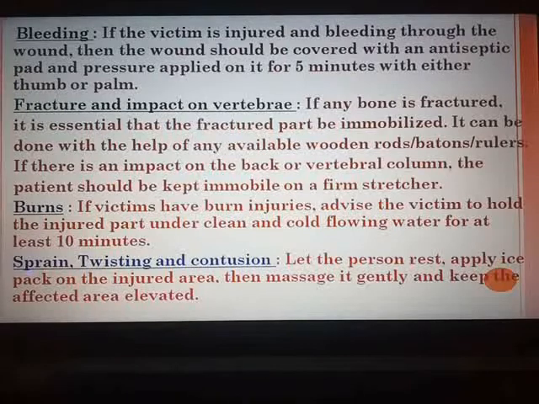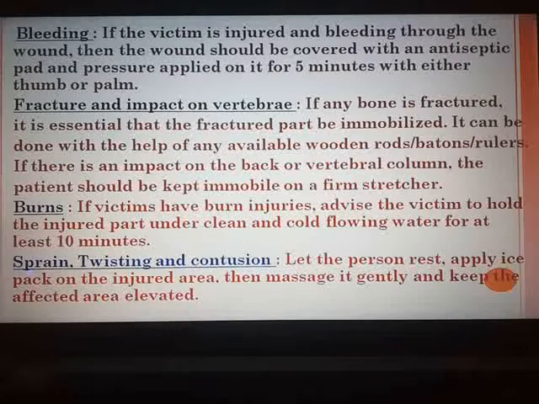So through this question, you have answered what first aid you are going to give to the victims of the disasters who are injured. They have not mentioned that the victim is bleeding or the victim's leg is sprained. Now this question I can twist and ask you in the exam. I can ask you, what first aid would you provide to a victim whose hand is fractured in the disaster?